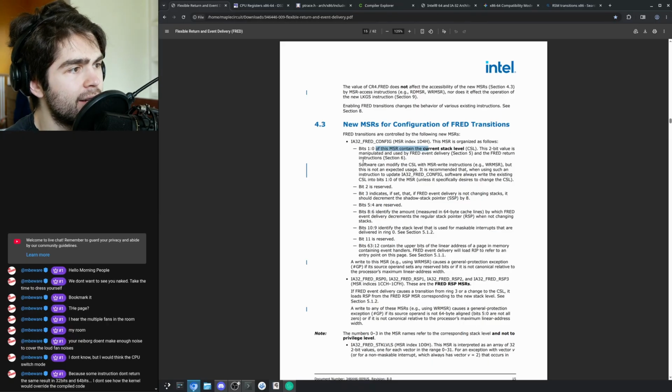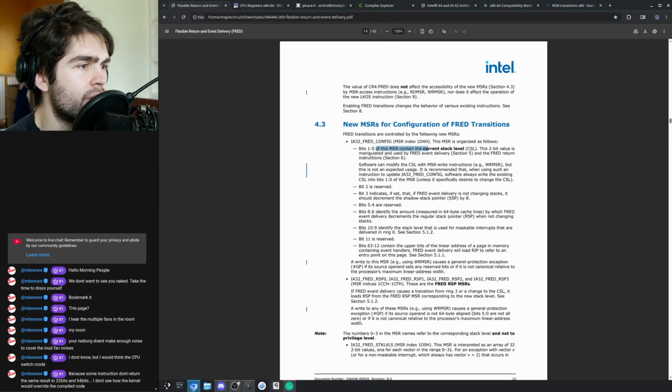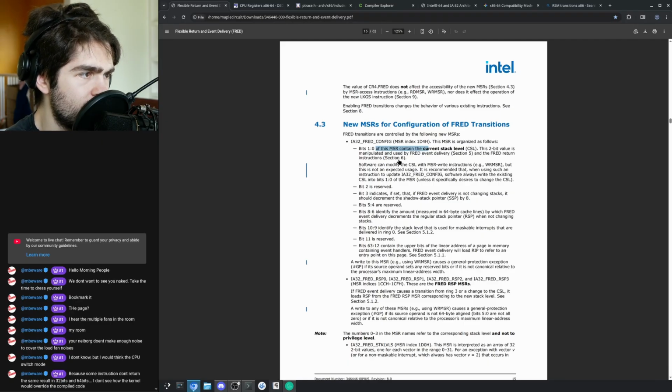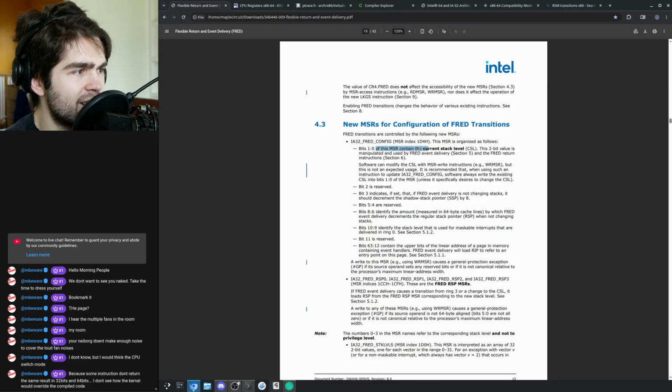Software can modify the CSL with the MSR write instruction, but this is not an expected usage. It is recommended that when using such an instruction to update IA32_THREAD_CONFIG, software always write the existing CSL into bits 1:0 of the MSR unless it is specifically desired to change the CSL.